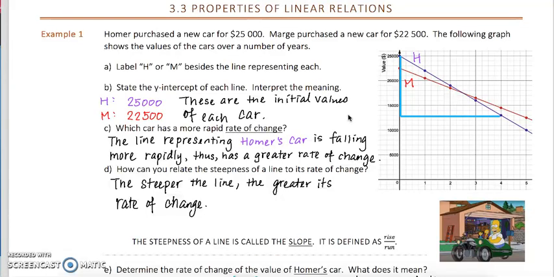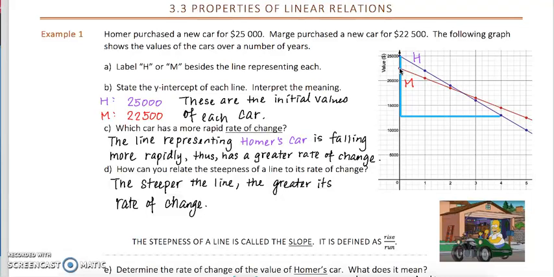Part C. Which car has a more rapid rate of change? Rate of change means how quickly the price of their cars is changing. So from this graph, you can see that after 1 year, the value of Homer's car decreased by about 3 units.